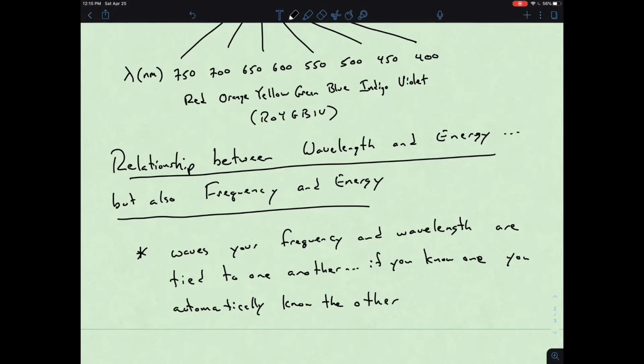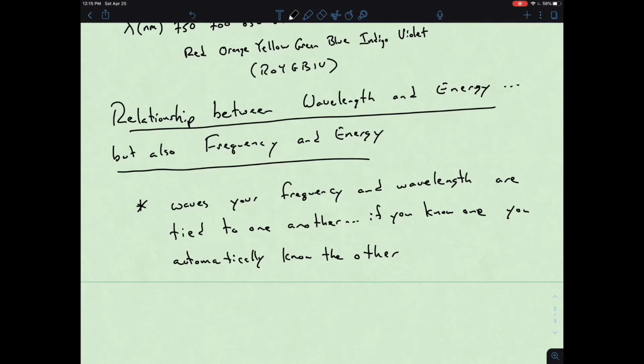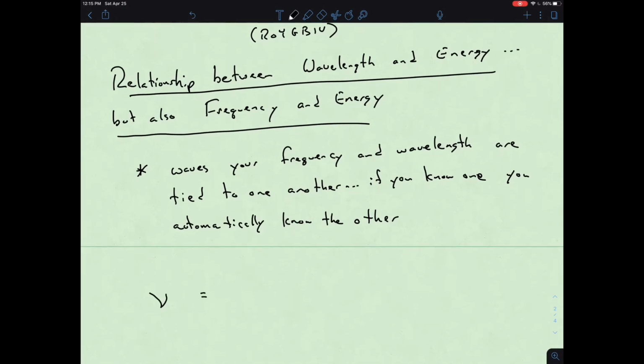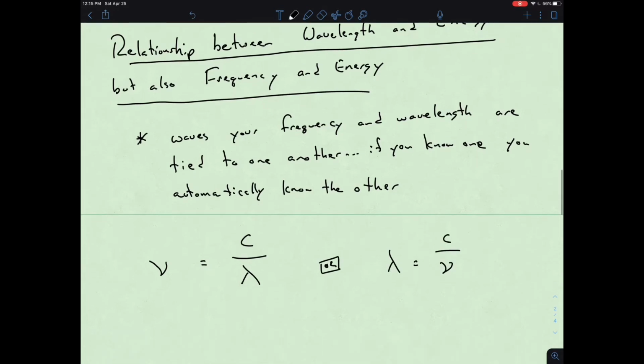And the reason is just the relationship between that and the speed of light. So here we have frequency is equal to c over lambda, or we have lambda is equal to c over nu.